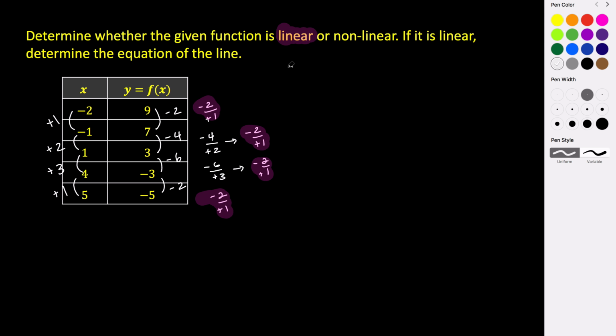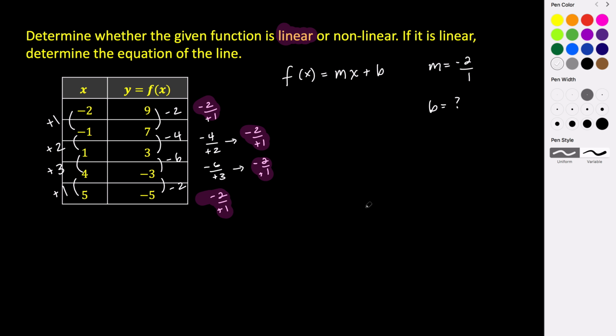Well, again, we are going to use slope-intercept form. f of x equals mx plus b. We know m. m is negative 2 over 1. But now we need to figure out, what is b?